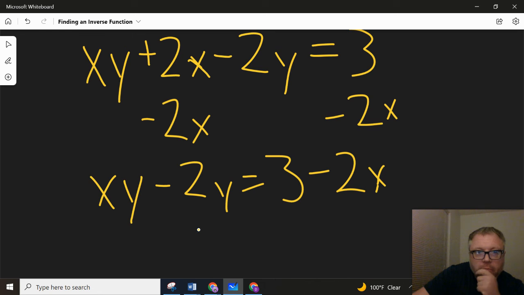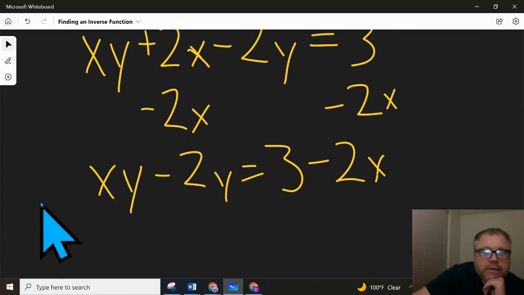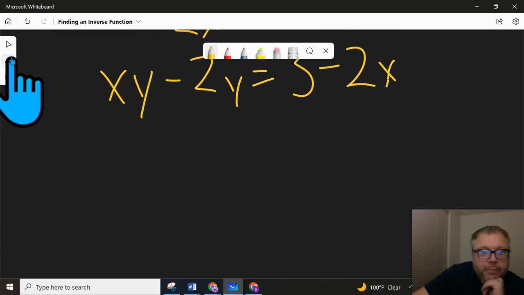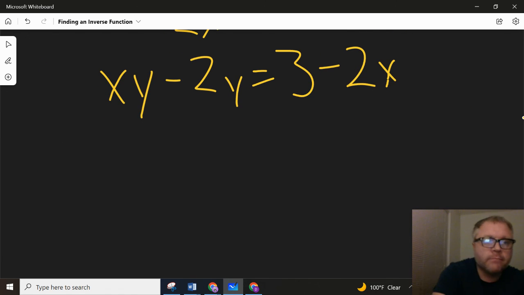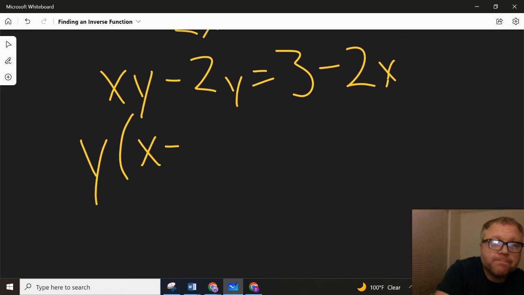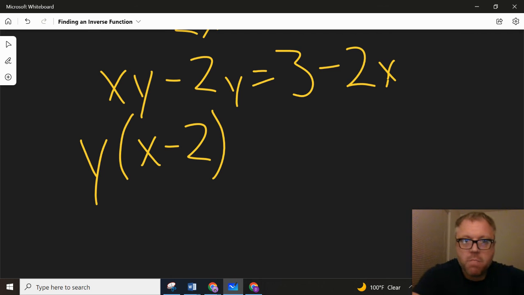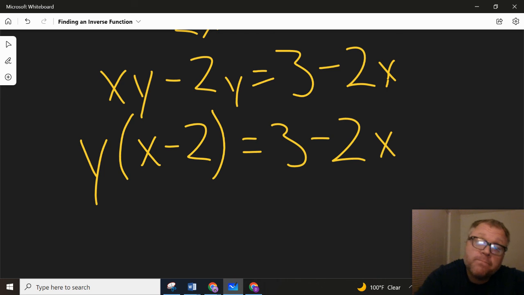Solving for y, what can we do? Both these terms on the left have y in them, so I'm going to factor out that y, or think of it as undistributing the y. y times the quantity of x minus 2 equals 3 minus 2x. Now y is being multiplied by a quantity, so let's divide everything by x minus 2, and we are good.